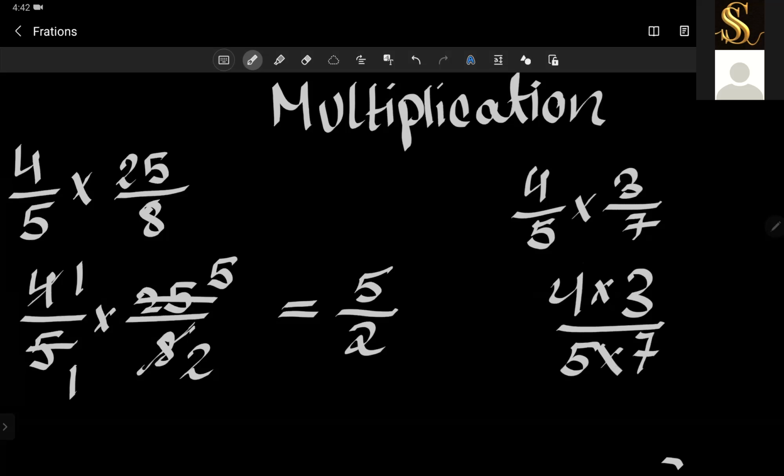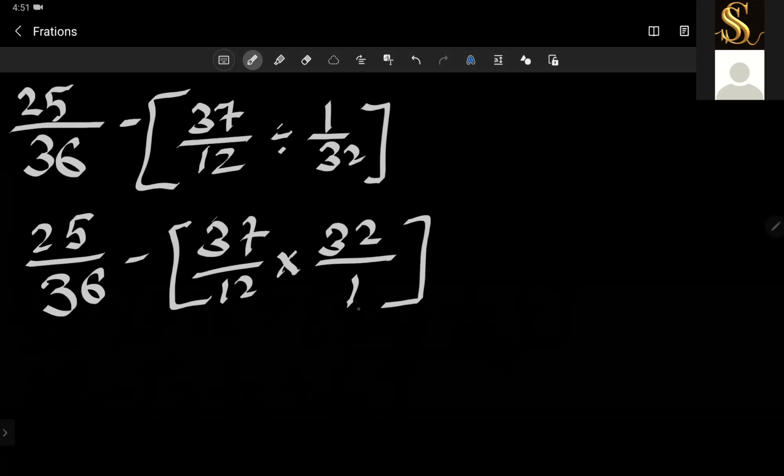Now remember, while exchanging the numbers, you will have to also change the dividing sign to multiplication. Now here 32 and 12 can divide by 4. So this will become 8 and this will become 3. Now it cannot be further divided.